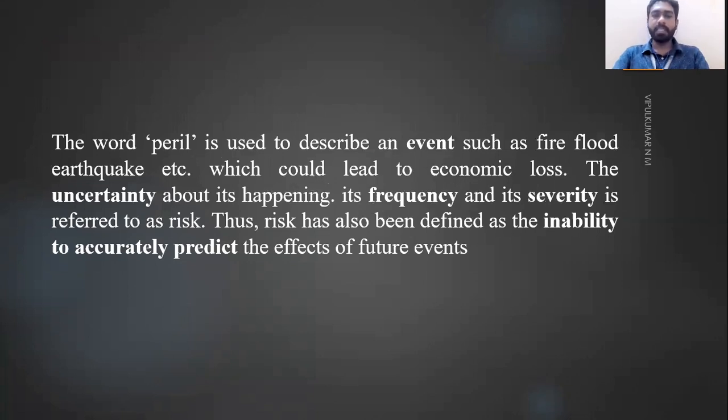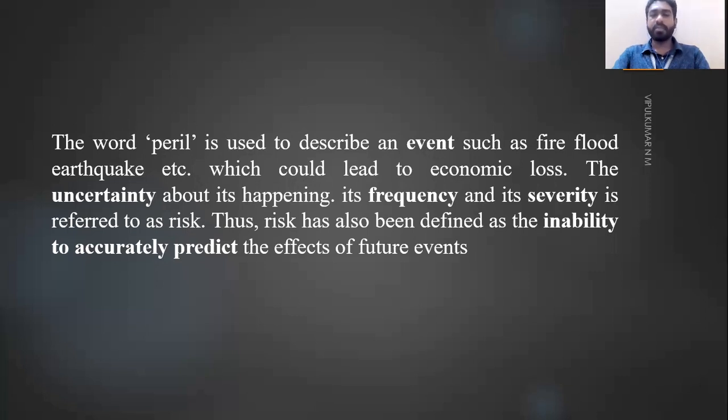The word peril is used to describe an event such as a fire, flood, earthquake, etc., which could lead to economic loss. The uncertainty about its happening, its frequency, and its severity is referred to as risk. Thus, risk has also been defined as inability to accurately predict the effects of future events.